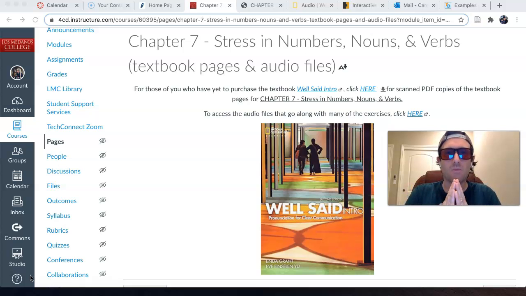Now we're going to talk about word stress and the rhythm of pronunciation in English. If you are able to identify words by their part of speech, as a noun or as a verb, word stress is a lot easier in that regard. So that's what we're going to focus on in this chapter.